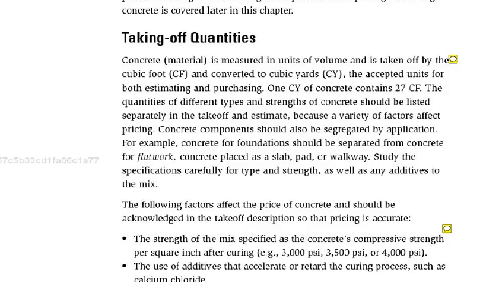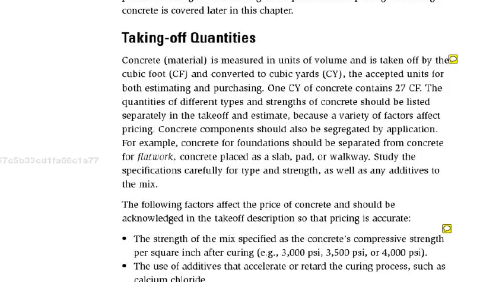And then when you take into consideration the thickness, you're going to multiply it by, say, if it's 4 inches thick, 0.33 foot, and you'll end up with your final answer, which is going to be in cubic feet.